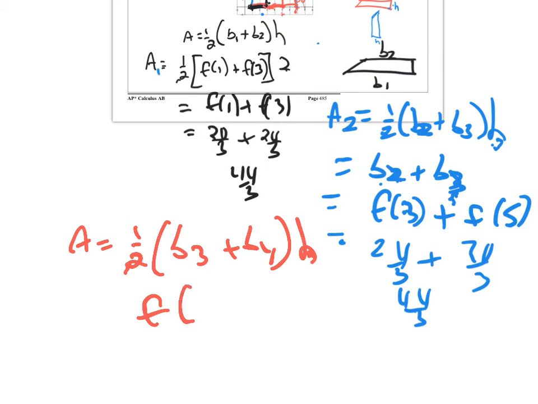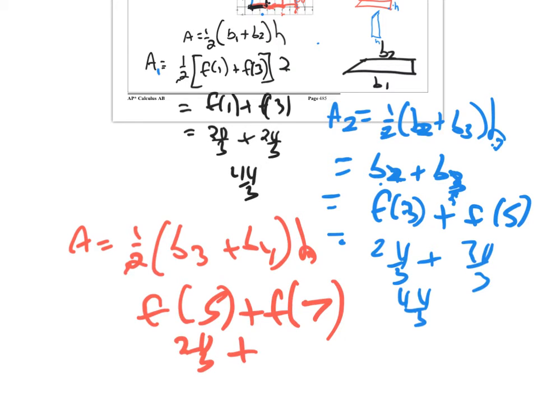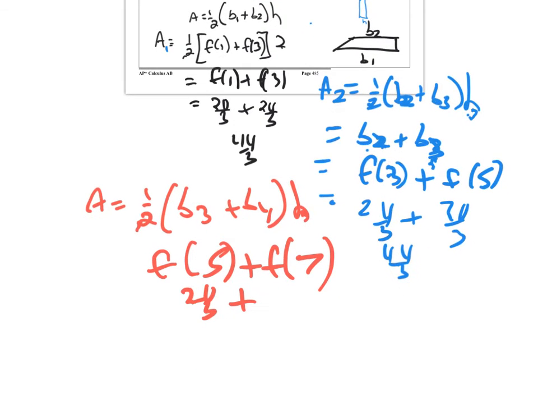Base 3 was f of 5 plus f of 7. F of 5 you told me was 20/3. F of 7 is, we did that on the last problem, the right side, 8/3. Yes, 8 over 3. That turns into 28 over 3.